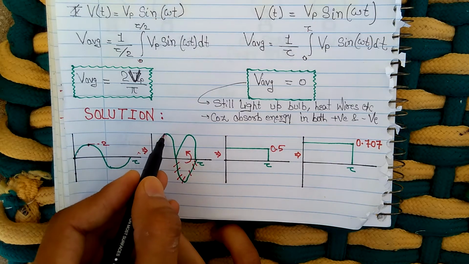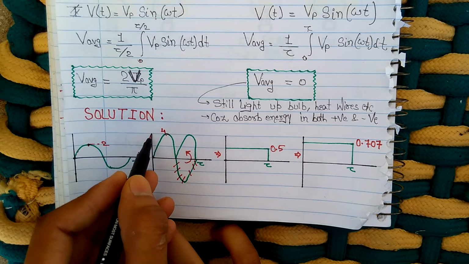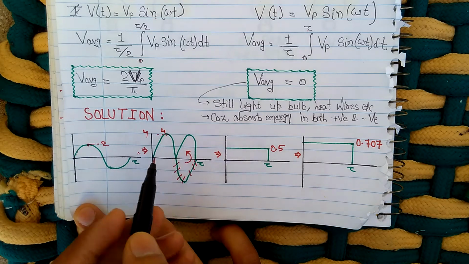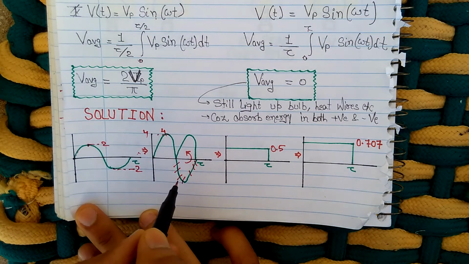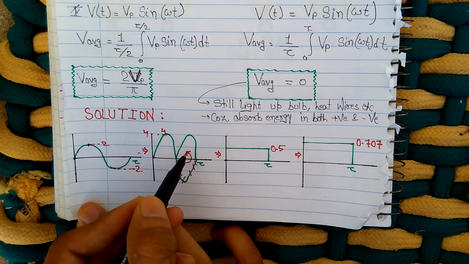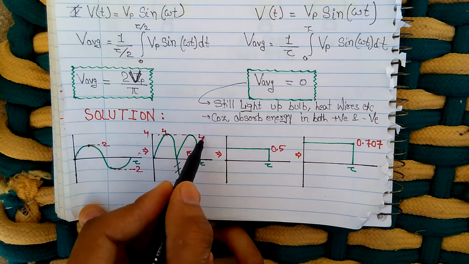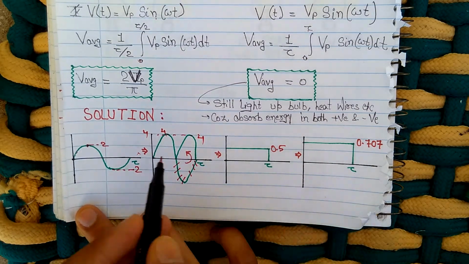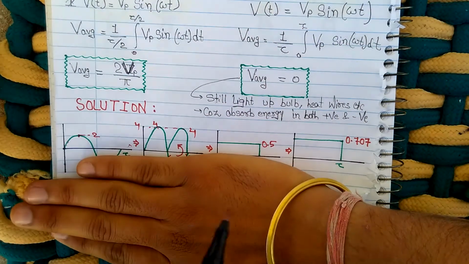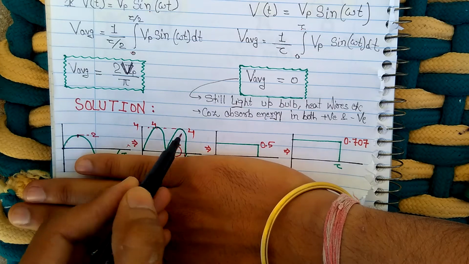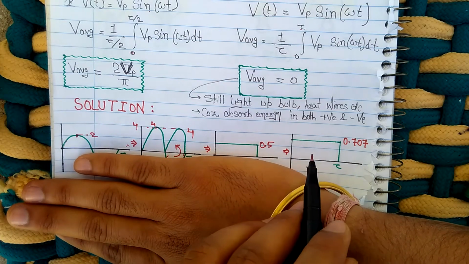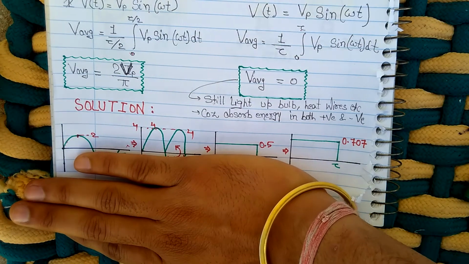The peak will get onto the value 4. As well as if this part was my -2, the square of this will shift up to the above side and it will also come out to be 4. So now my waveform will look like this. The peak value will be squared. Now I have a positive waveform.